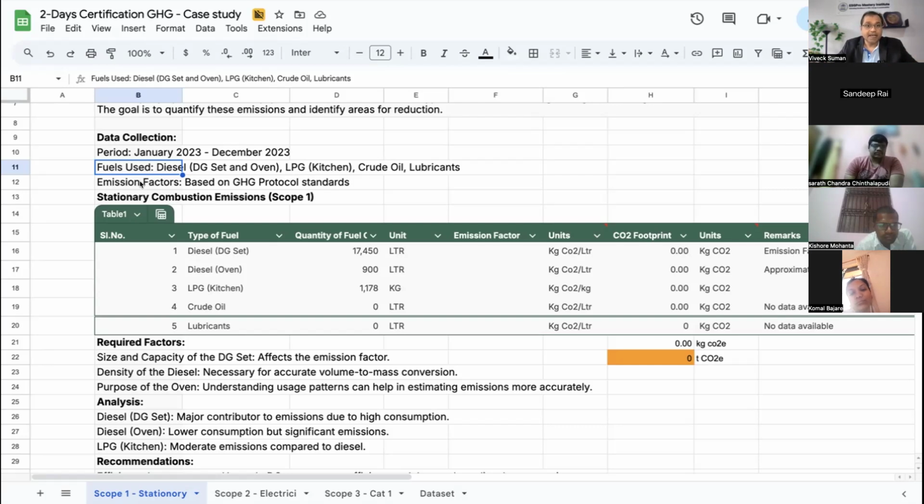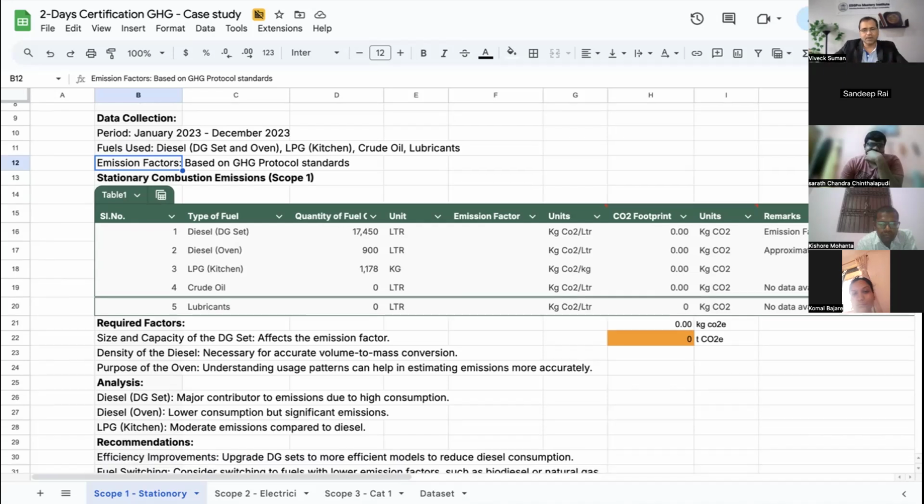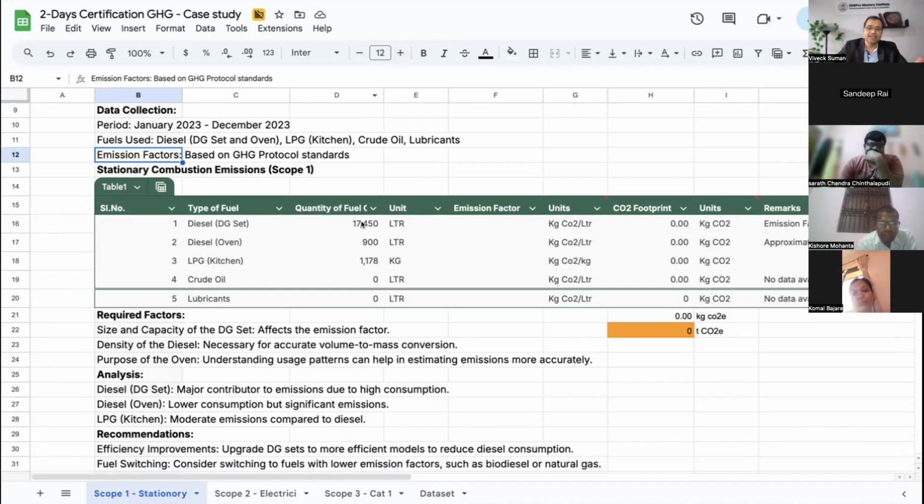Emission factors, of course, they are using GHG Protocol based, and these are the 5 different types of fuel which have been used in your company. Now, you can see the quantity of fuel mentioned next to it. You can also type these numbers in your Excel sheet. I think this sheet is not provided. There is a purpose to that. So just type it in the activity number for diesel 1, diesel 2, 17,450, 900, LPG 1,178, crude oil 0, and lubricant 0.